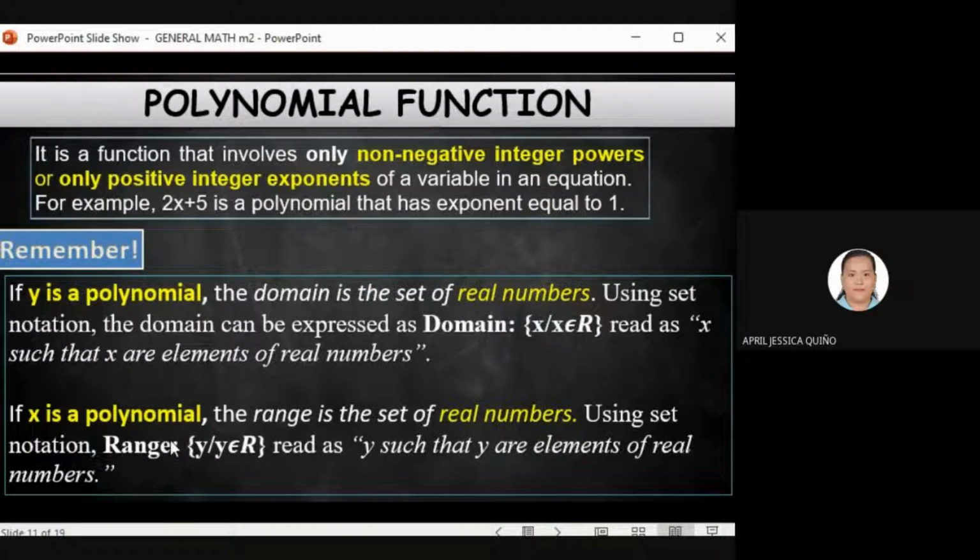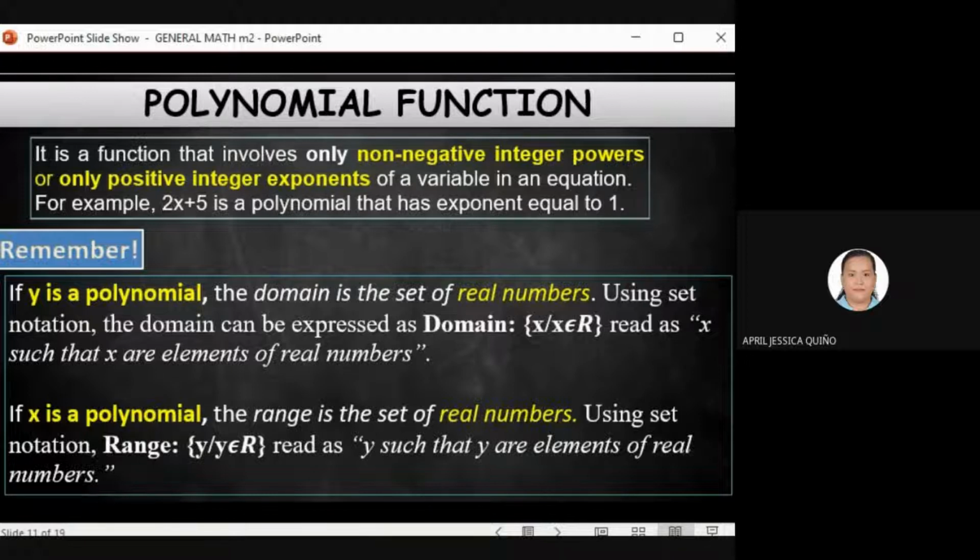So, pwede nyo isulat ito: range y such that y are elements of real numbers. Basta polynomial ang inyong function, whether y or x, we can tell that the domain or the range is a set of real numbers.